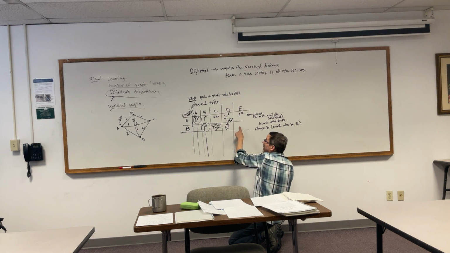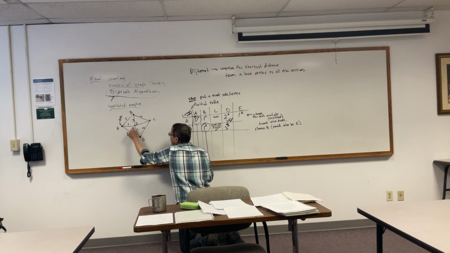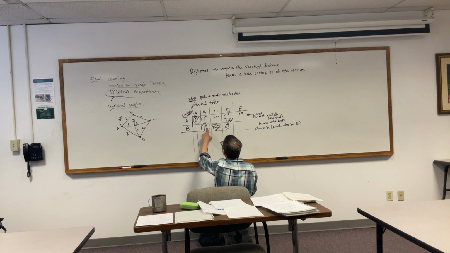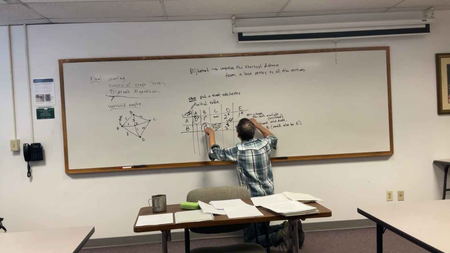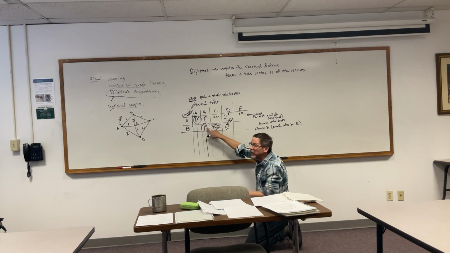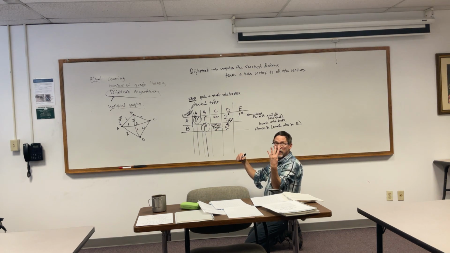Now look at E. I can get to E, and that is a distance of 3 between B and E. So I add that to this current value here, and what do I get? 4. I get 4, but that's not an improvement. So now is where it gets tricky. If we take this plus the distance from B to E, I would get 4 units.